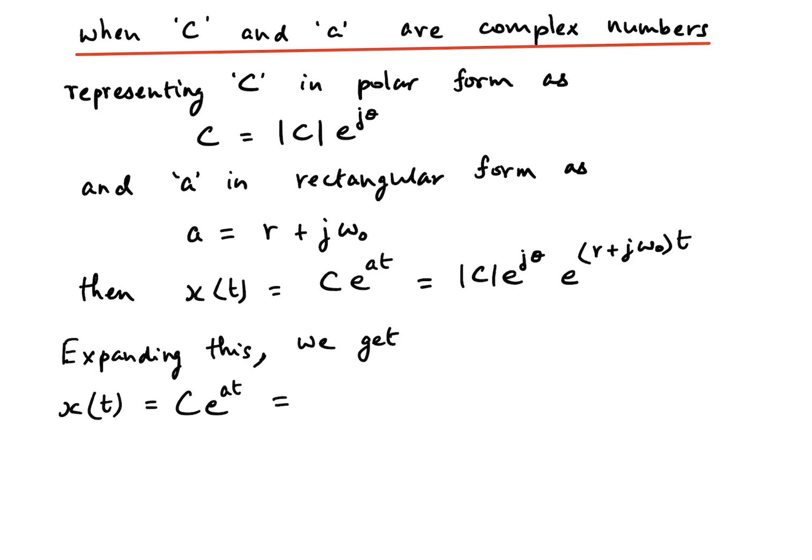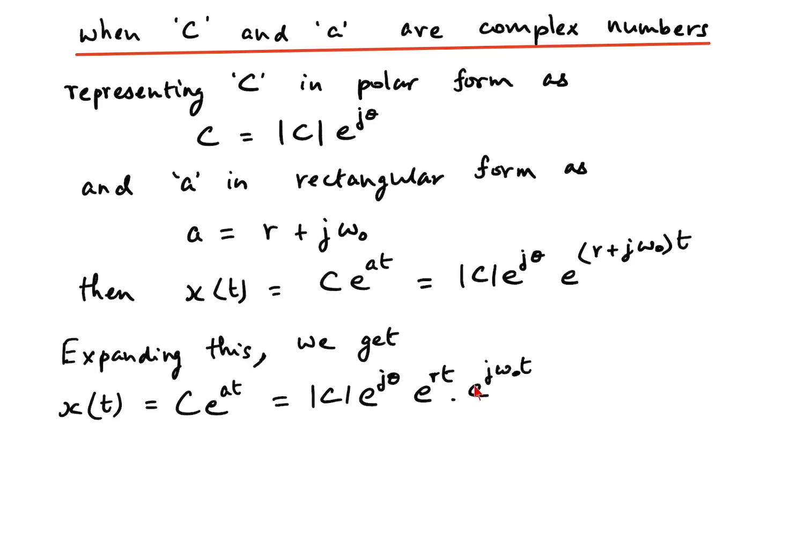Now, we can expand this function and get it in a more intuitive form. The magnitude of c e power j theta, and e power r plus j omega naught t, we can write as e power rt into e power j omega naught t. Now we can combine the j terms.